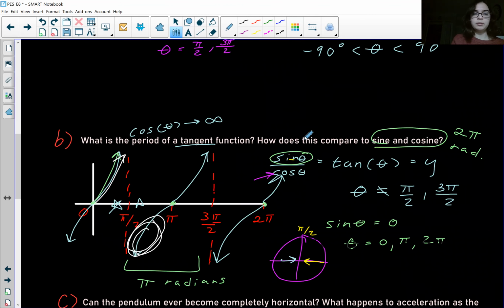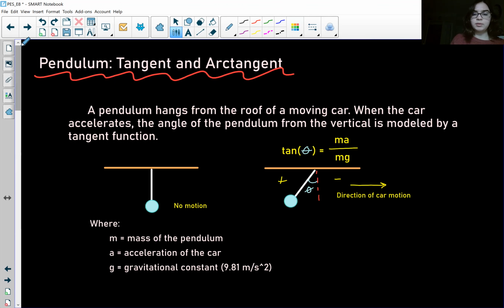We have tangent of theta equals ma/mg. So the m's cancel actually. So tangent of theta equals a/g. g is just a constant. It's 9.81, so we'll multiply it to the other side. So put g here and get rid of it here. So really this is 9.81 tangent of theta, and that's going to equal a.